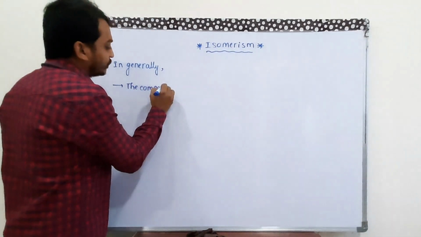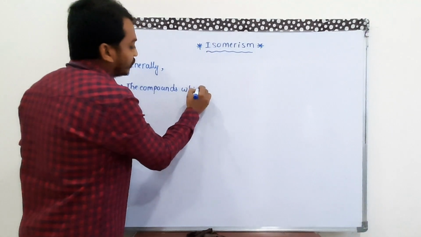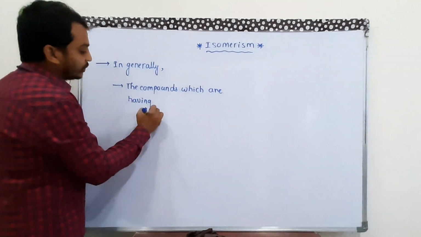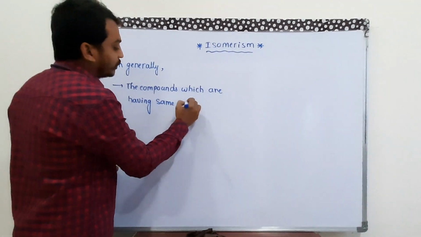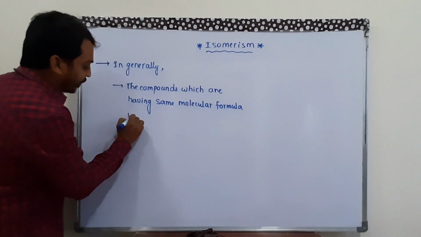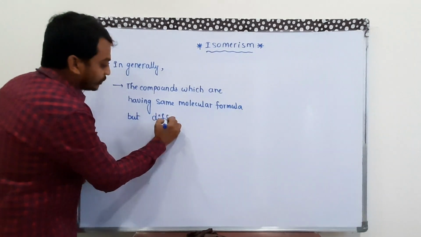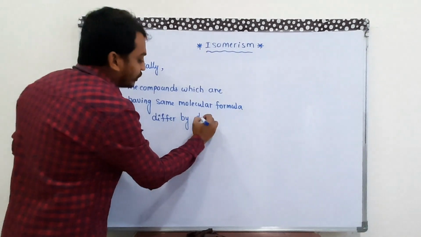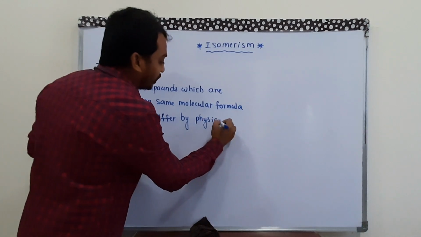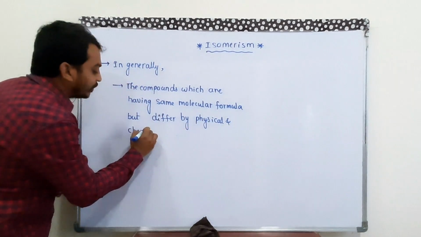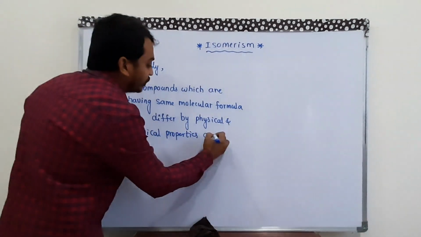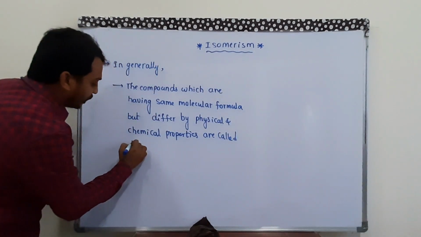The compounds which are having the same molecular formula but differ by physical and chemical properties are called isomers.